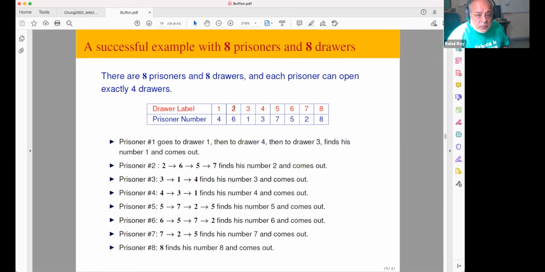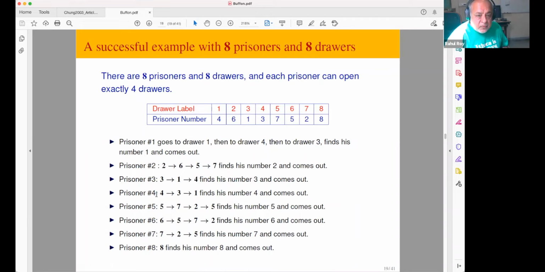Prisoner number 2 goes to number 2 first, and from where he's taken to number 6, from where he's taken to number 5, from where he's taken to number 7, and then he finds his own number 2 and comes out. That's exactly the strategy. Prisoner number 3 goes to 3, then goes to 1, then goes to 4, finds his number and comes out.